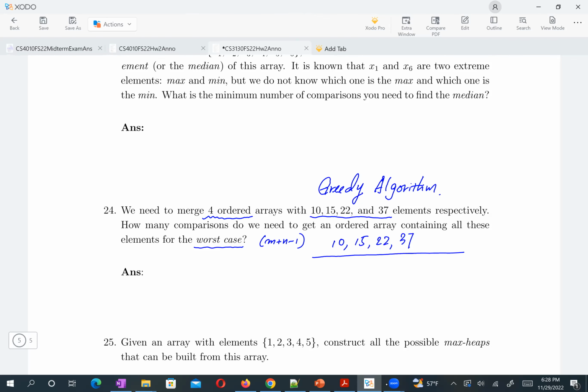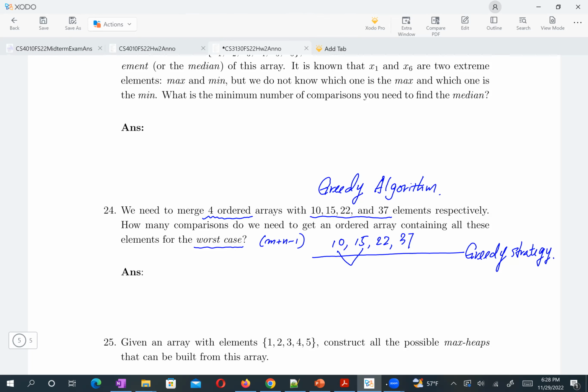The first time, you need to determine which 2 arrays you want to merge. Make your first decision by applying some greedy strategy. What greedy strategy? Merge the 2 subarrays with the smallest sizes, 10 and 15.